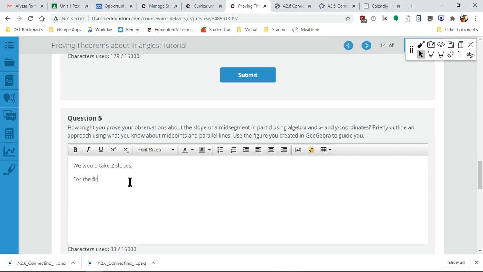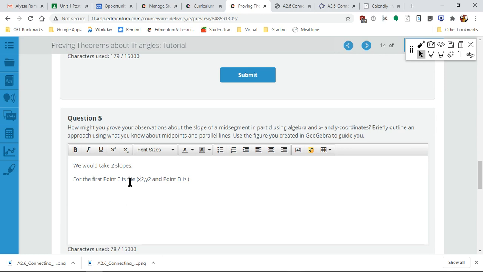For the first slope, point E is x2 comma y2. I should be putting these in parentheses.